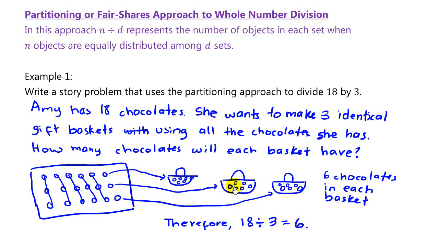And so you have six in each of the subsets. And so that's one way of looking at it. And also it's called fair shares because if you think about it as a sharing problem, you can see that when you do a fair share, every basket or every person has to get the same amount. And so that's the idea here.